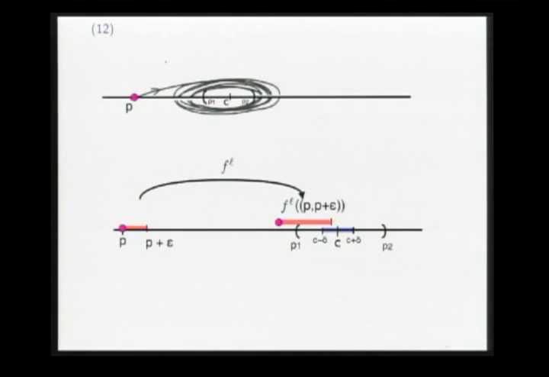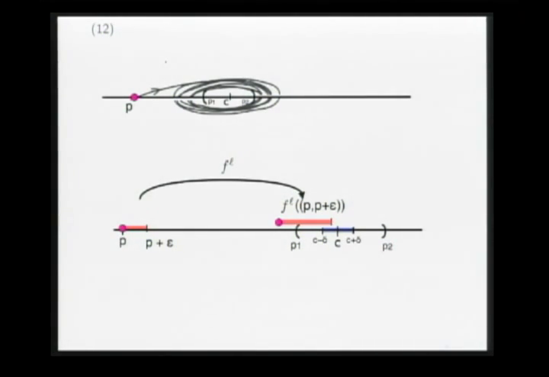If we take any epsilon side neighborhood of this P, this is positive measure, so Maillet theorem implies it has to visit here to any given delta around C. It has to eventually intersect this neighborhood.